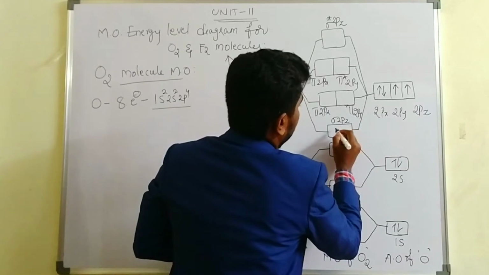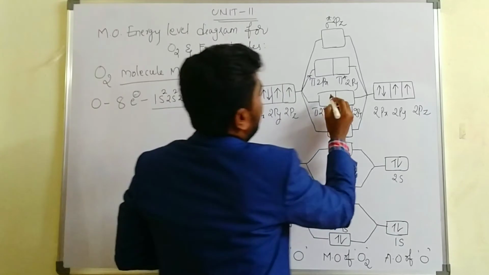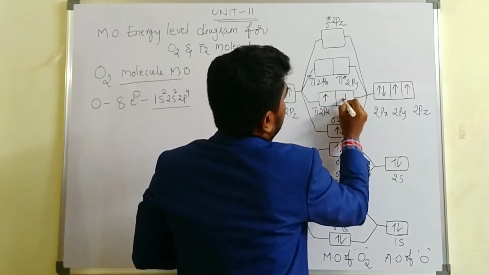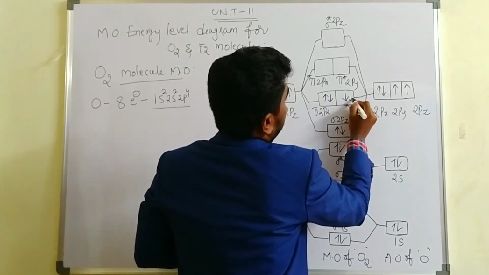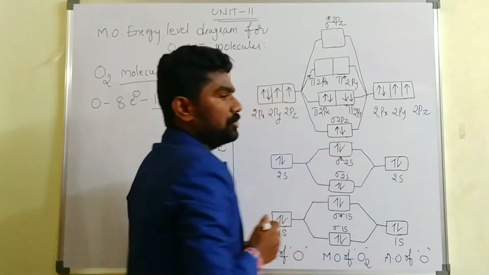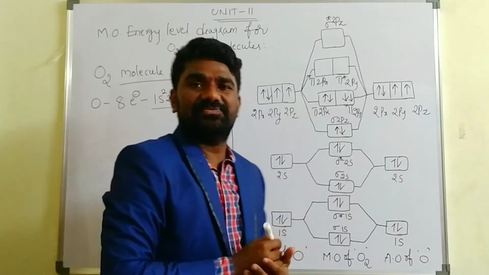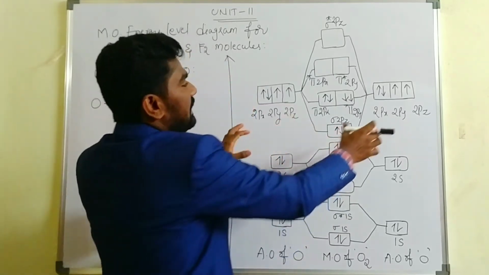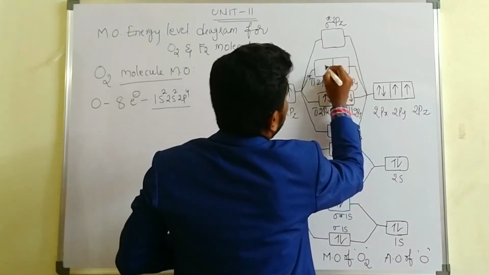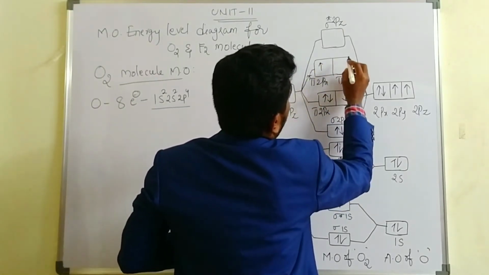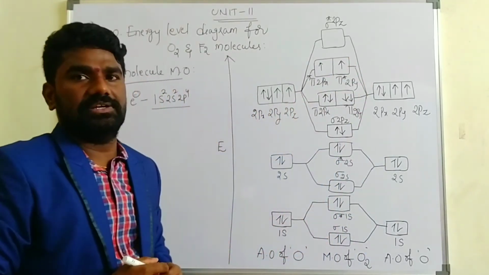First, 2 electrons pair up in the sigma 2pz, and then 4 electrons pair up in the pi 2px and pi 2py bonding molecular orbitals. In total we have finished 2 plus 4, 6, but we need to fill 8. The remaining 2 electrons go into the anti-bonding molecular orbitals pi star 2px and pi star 2py, one in each.